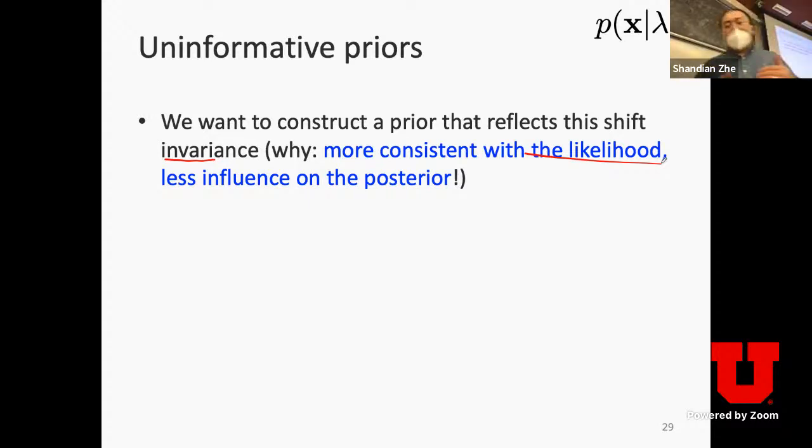So the more consistent the prior's property is with the likelihood's property, the less likely they are to battle with each other in computing the posterior, and the posterior is more dependent on the likelihood. That's the motivation.